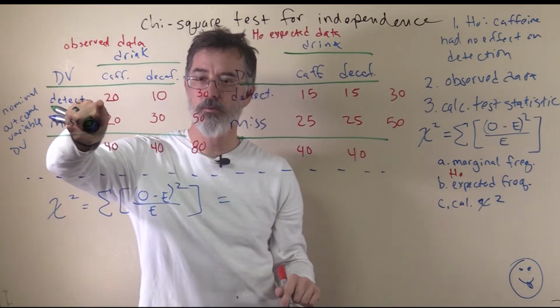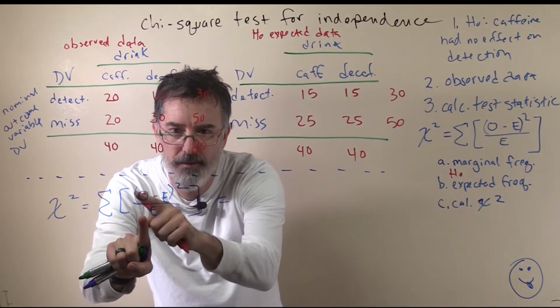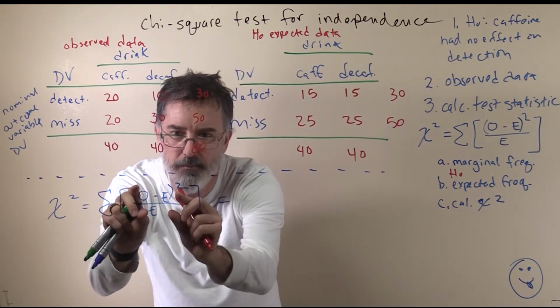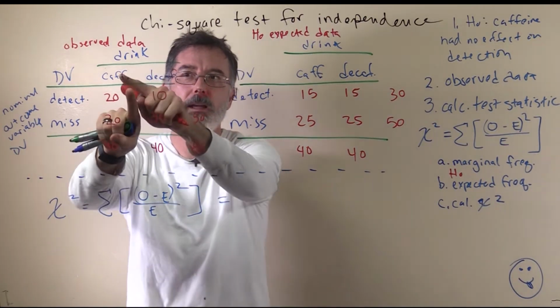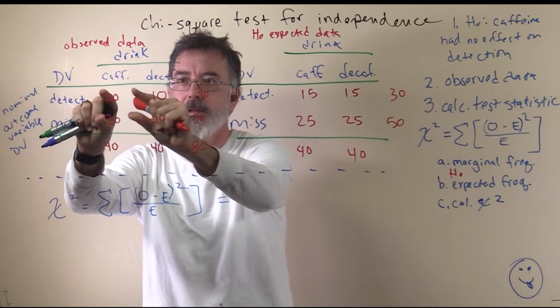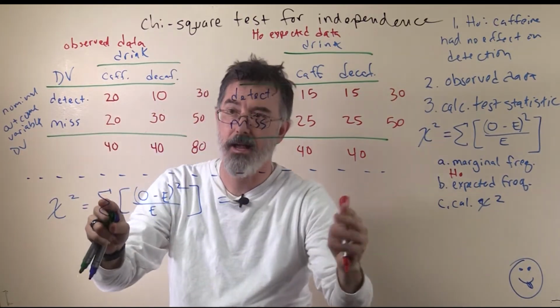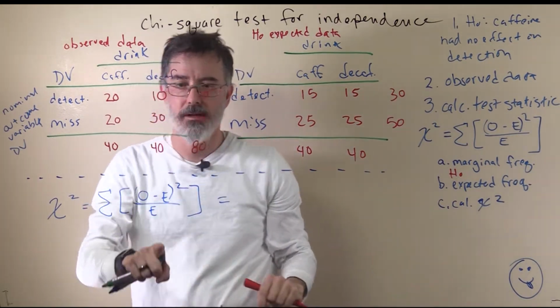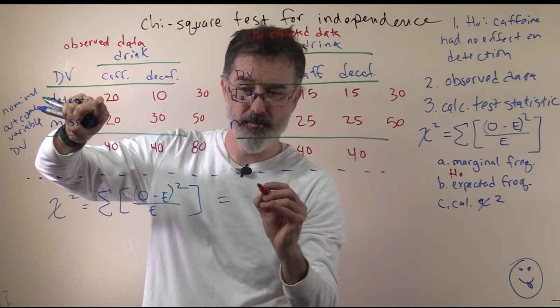Let's start with this 20. This is summing across different numbers, and there'll be 4 of these, one for each cell. If we had a third drink condition, then we'd have 6 cells and 6 of these things added, but we only have 4, one for each of these observed values. So this first observed value is a 20.